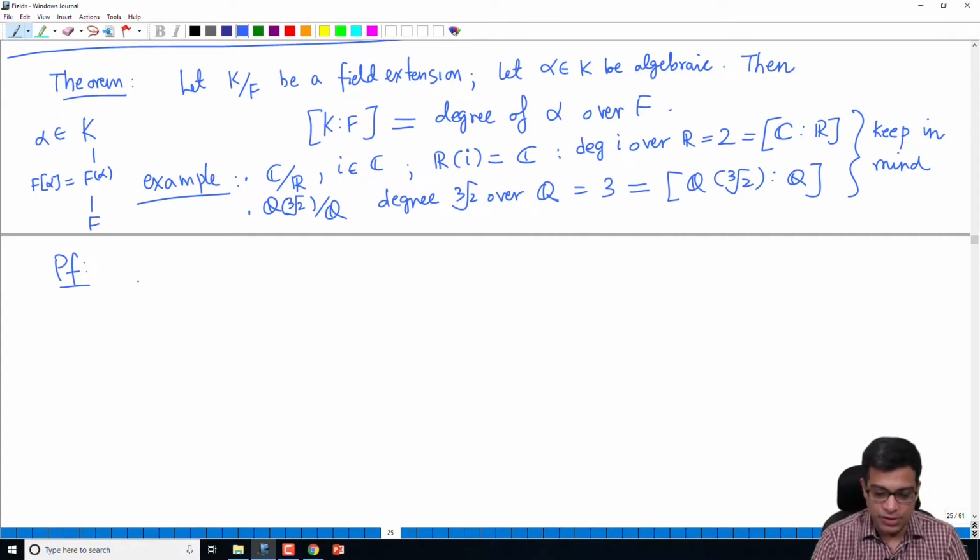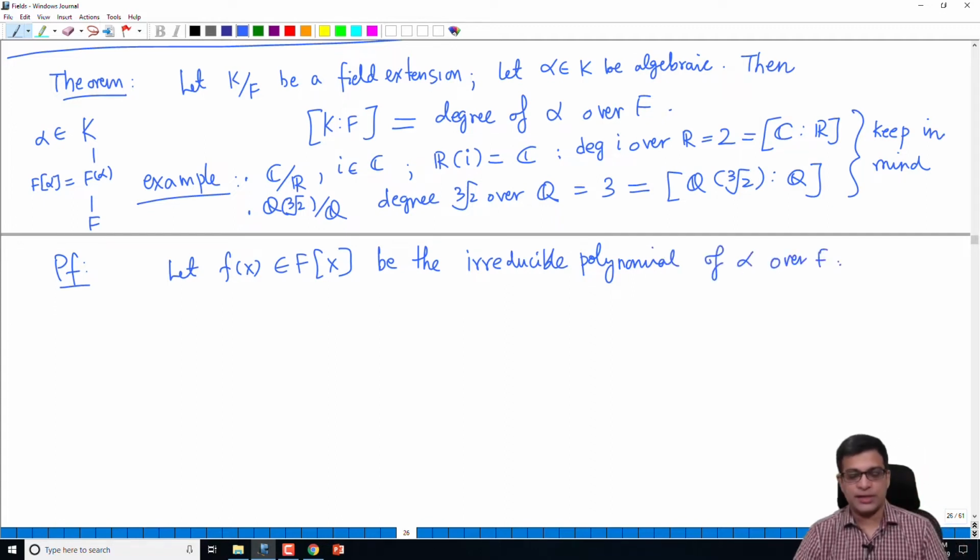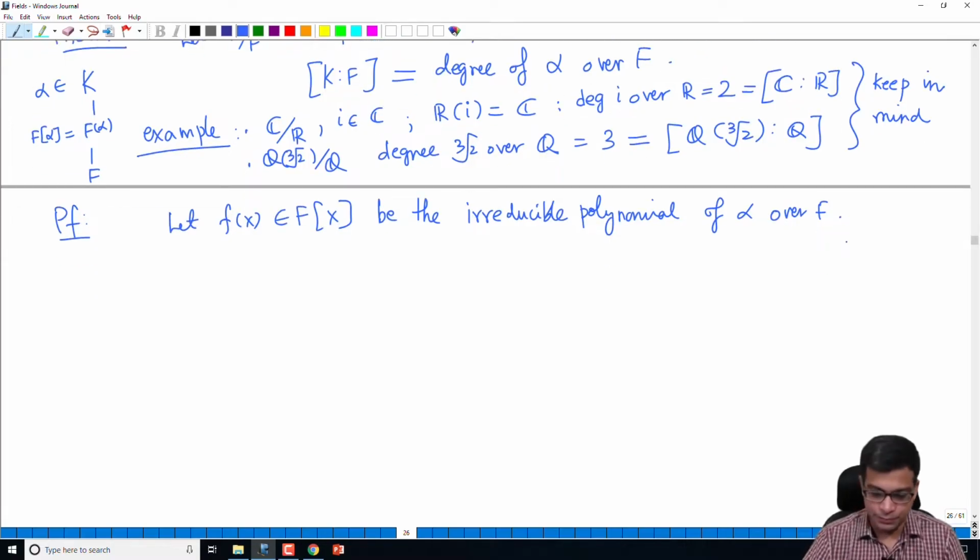Okay, so let's prove this. This is not difficult at all. Let f(x) in F[x] be the irreducible polynomial of alpha over F. Remember, this is the smallest degree polynomial with coefficients in F which has alpha as a root.